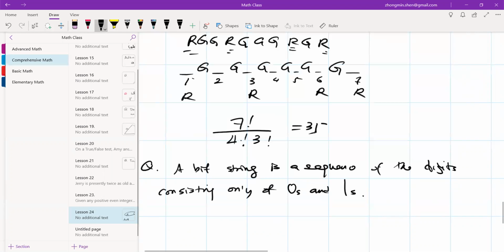How many 12-digit bit strings contain no consecutive ones?